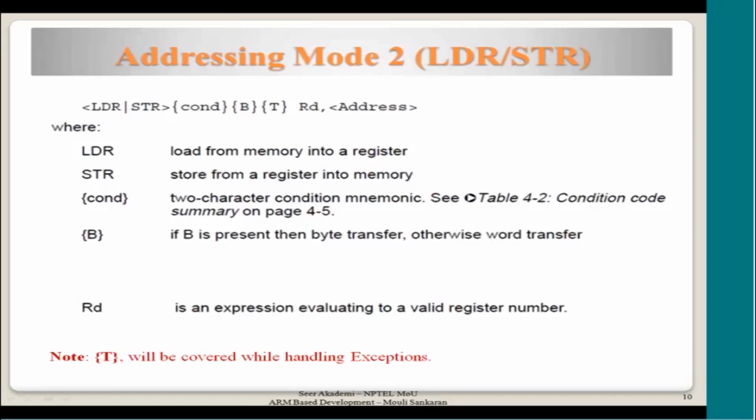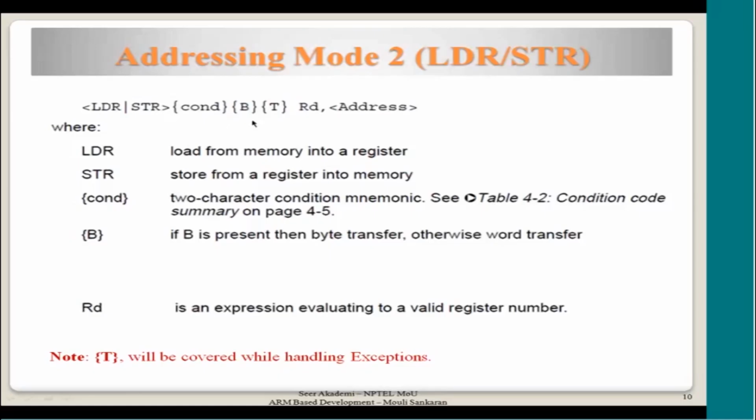And store means you are moving some register content into a memory location. Now B is optional because this addressing mode supports either moving a word or a byte, that is an unsigned byte. So if you mention a B along with the instruction, that means LDRB, you are interested in moving a byte.